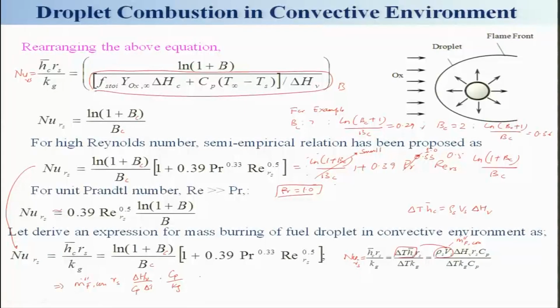That already we have done, that is basically Cp delta T by delta Hv equal to Cp F y oxidizer infinity delta Sc divided by Cp, plus T infinity minus Ts and 1 over delta Sv. This for delta T I can write down.